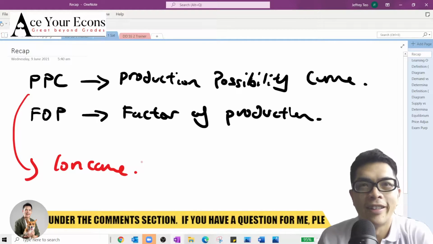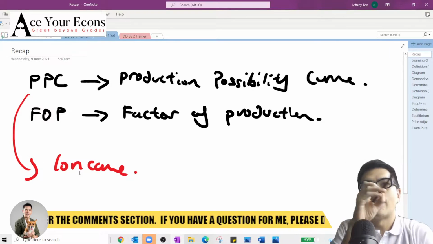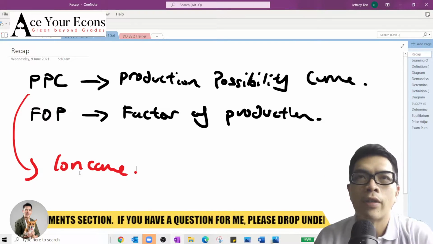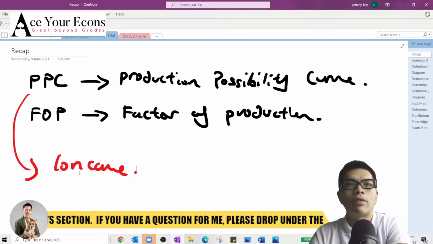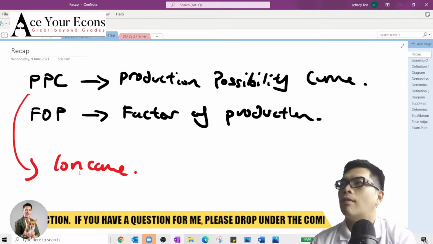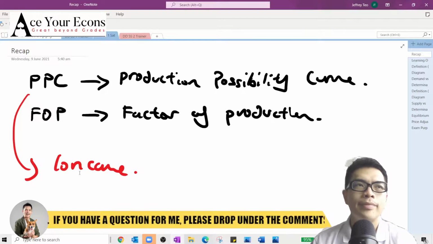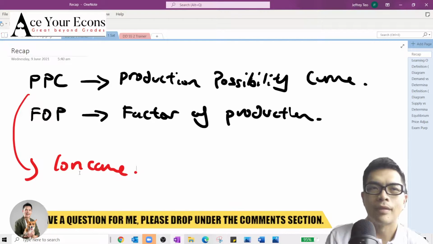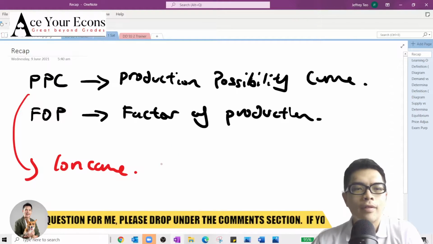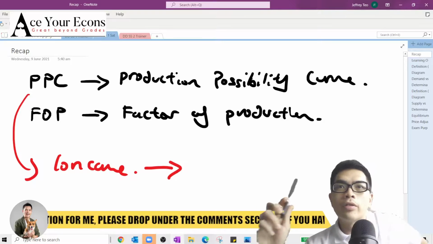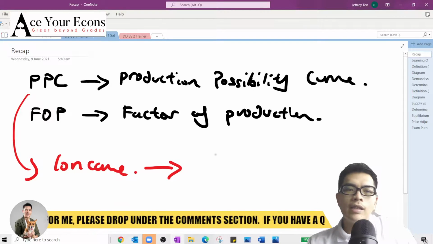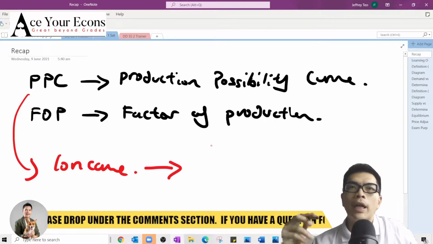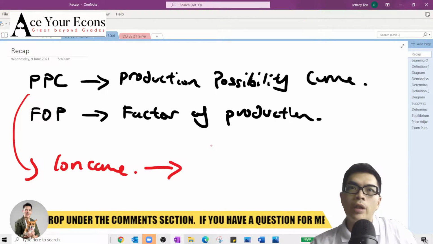A concave is a bowl-shaped curve, right? Why is it concave, or why is it bowl-shaped? I believe I illustrated the concept last week. Why is it a bowl shape? Remember, when we move down along the PPC, we simply have to give up one good for the production of the other good.